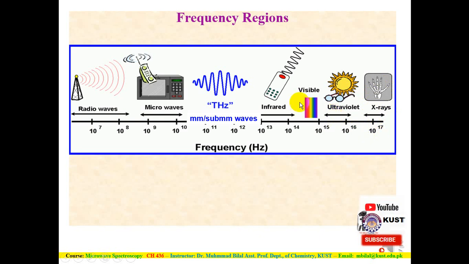The ultraviolet and visible region can cause electronic excitation. Infrared radiation produces a change in the vibration of the molecule, while the microwave region can cause a change in the rotation of the molecules.